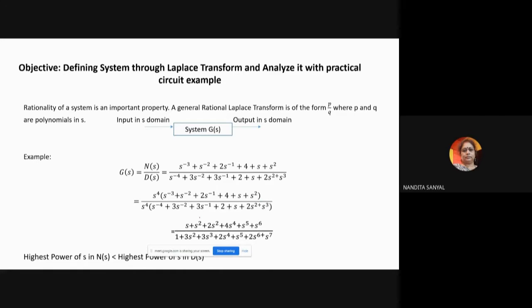And finally, if we take s to the power 4 common from the numerator and denominator, then we can get the final system function. Since here in the numerator polynomial the highest power of s is less than in the denominator polynomial, where the highest power of s is 7, this is a rational transfer function, a rational system.